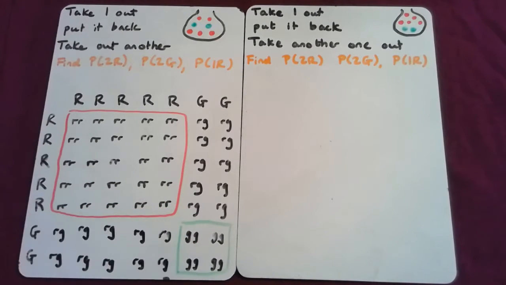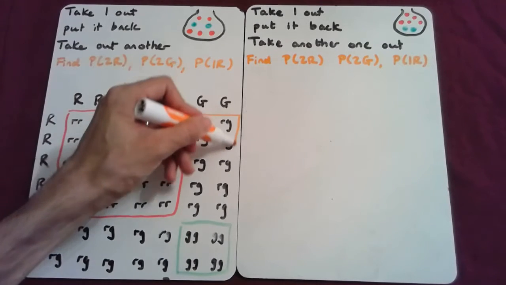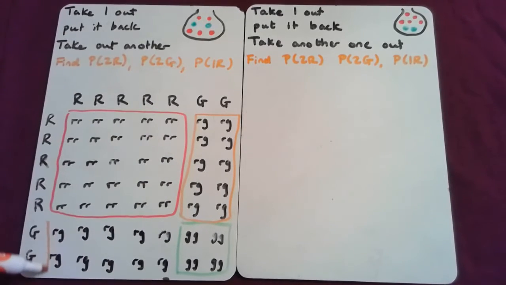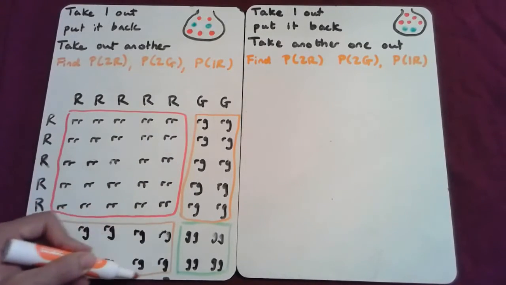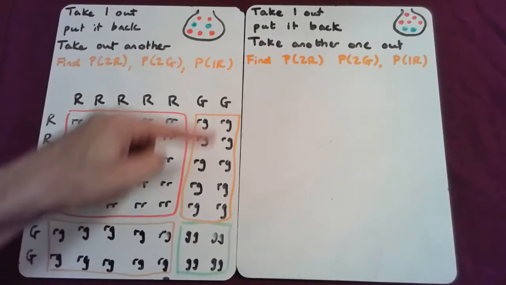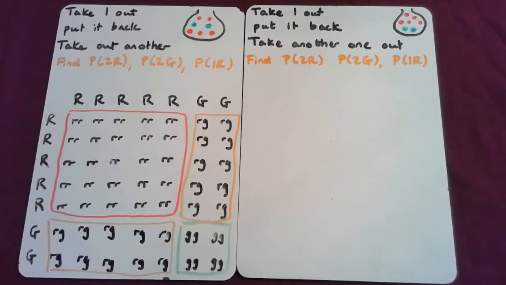Now the probability of getting 1 red and only 1 red is this box and this box over here. And if we count these up, in total we've got a 7 by 7 grid here, which means that there are 49 possible combinations.